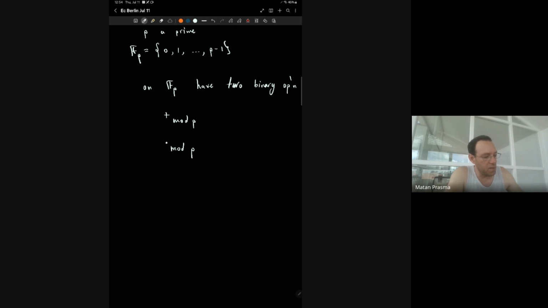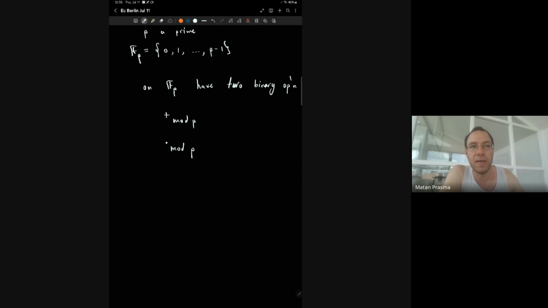Modulo p is like clock arithmetic. If you have time 11 plus 2, then it's 1, because clock arithmetic is modulus 12.